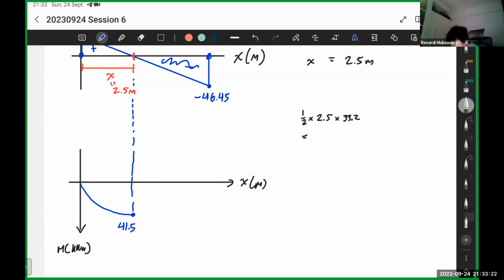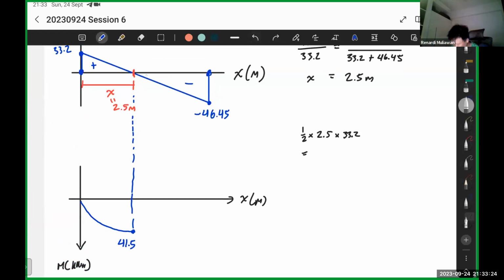Okay, and then you have to decrease, which is this area. So it's half times 6 minus 2.5 times the height, which is 46.55. That gives 81.285. So this thing will decrease again. It's because it's negative, right?